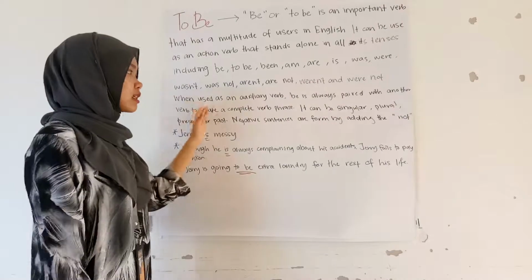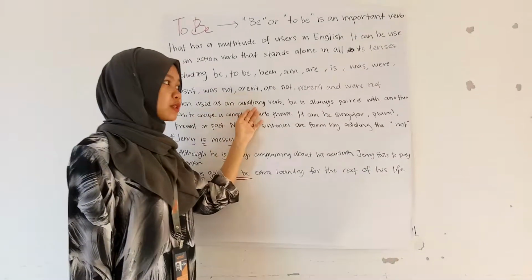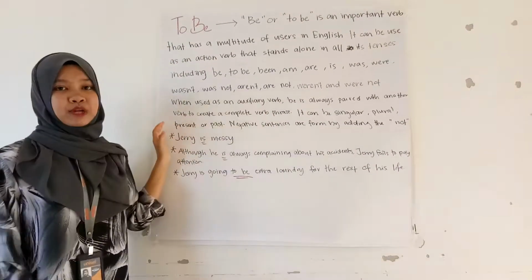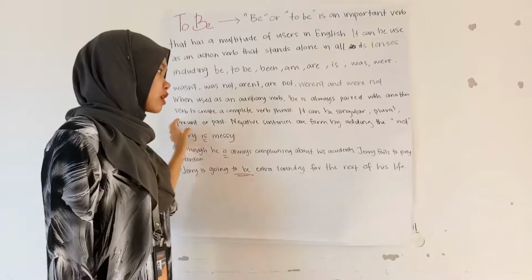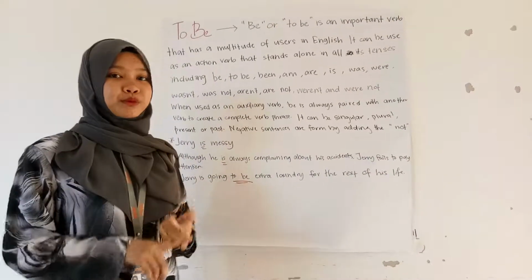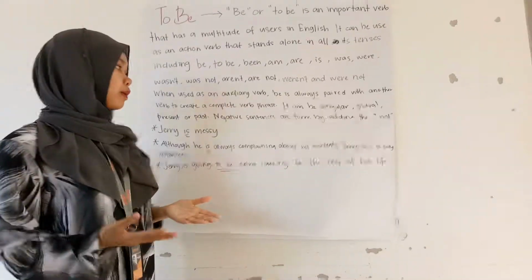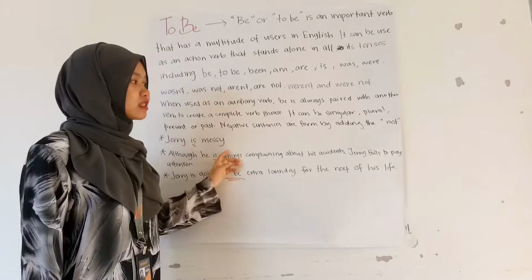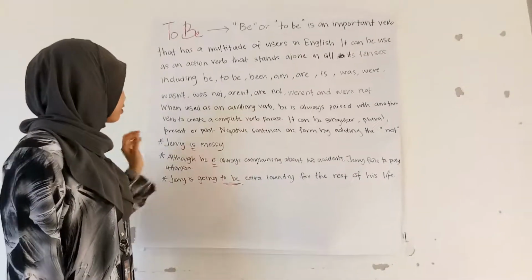So when used as an auxiliary verb, be is always paired with another verb to create a complete verb phrase. It can either be singular, plural, present, or past. Negative sentences are formed by adding the not.